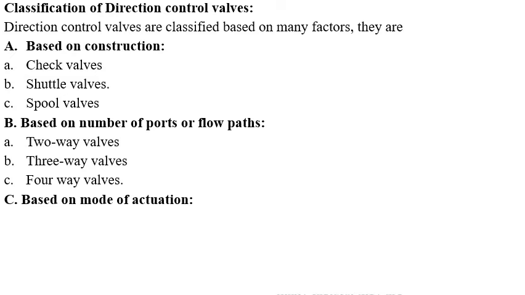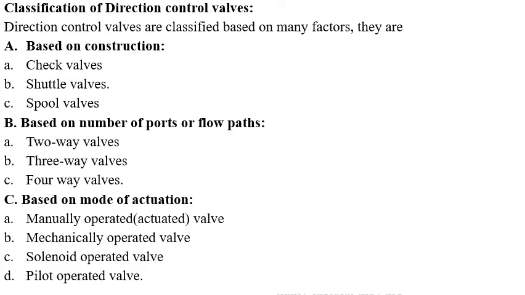Next is based on mode of actuation. Here I have mentioned only four types. Manually operated or manually actuated valves: in this case, the valve is actuated by manpower, or manually. Such valves are called manually operated or manually actuated valves.